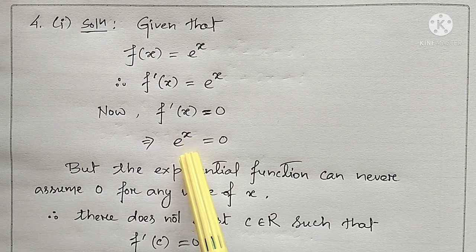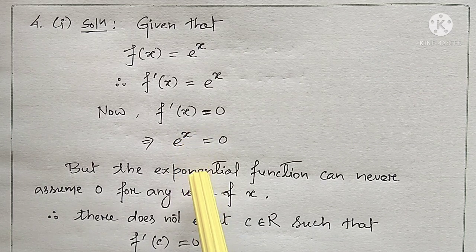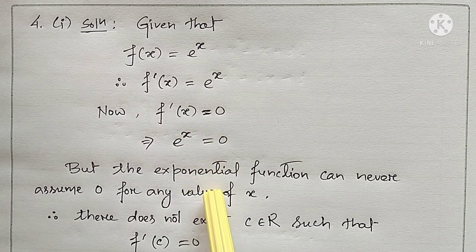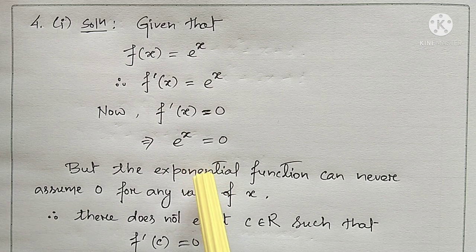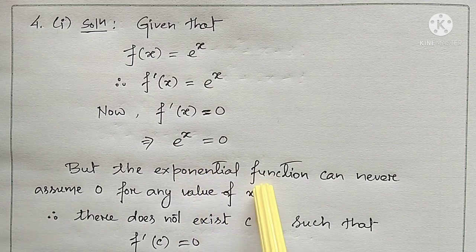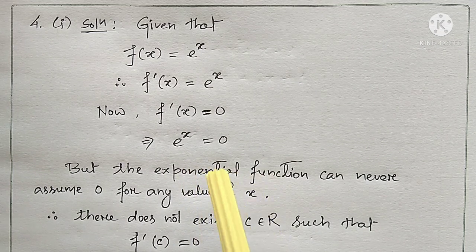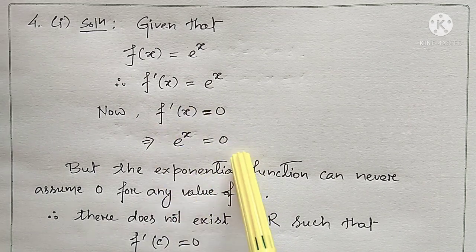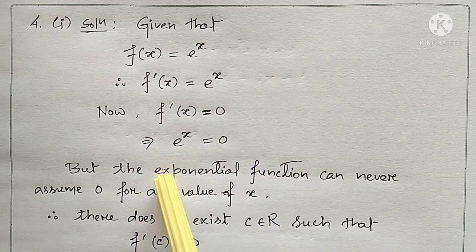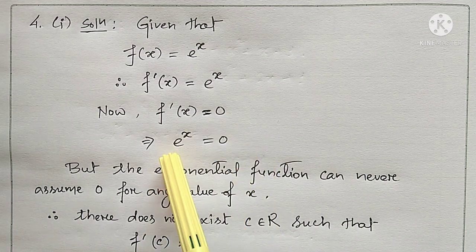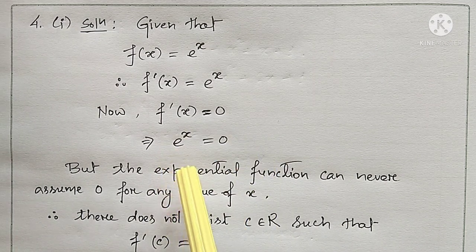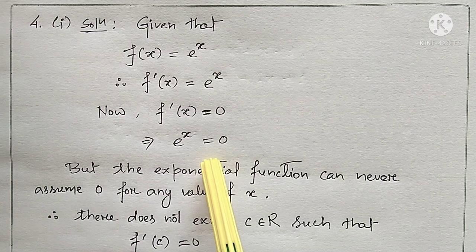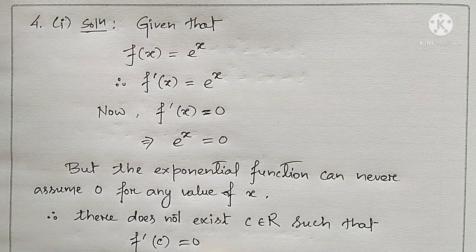If x equals minus 5, then e to the power minus 5 is 1 by e to the power 5, which is not equal to 0. So this condition is not possible. The exponential function is never 0, and for that reason we can't get maxima or minima.